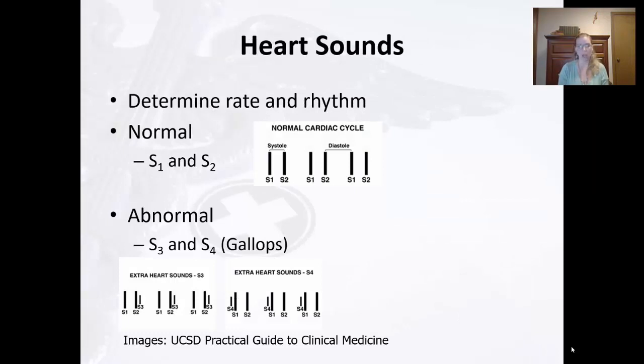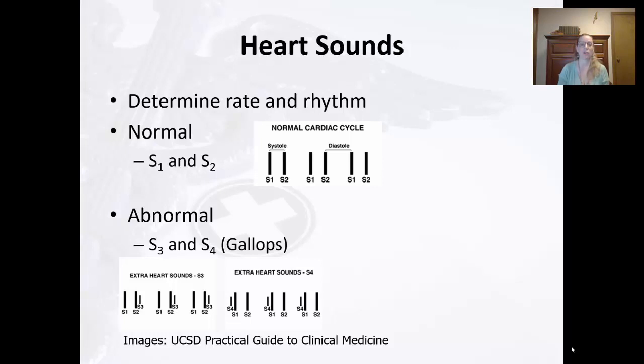Now, when you're listening to heart sounds, you want to listen to both the rate and the rhythm. And normally, patients have 2 sounds, an S1 sound and an S2 sound. Lub-dub, lub-dub, lub-dub. If you hear lub-dub-dub or la-lub-dub, la-lub-dub, those are considered extra heart sounds or abnormal heart sounds.